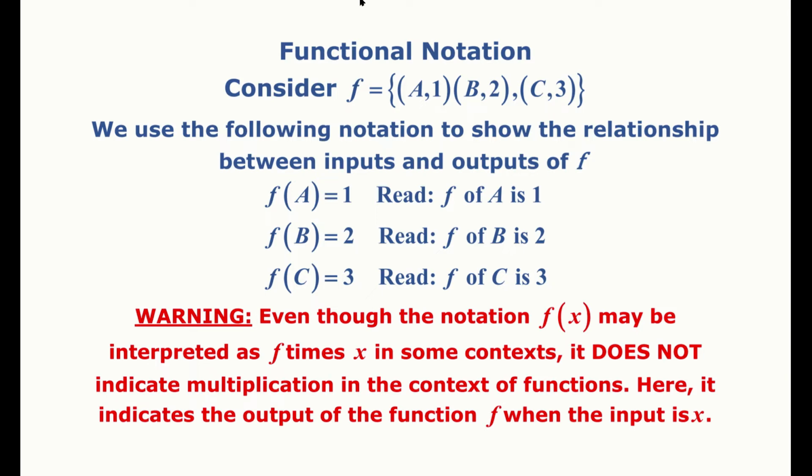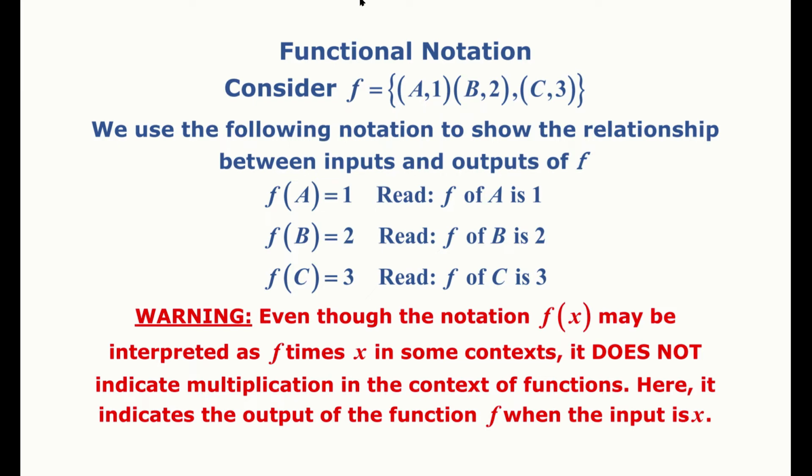We write f with parentheses A and then equals 1. Now this is not a multiplication symbol as is usually interpreted. In the context of functions and relations, this is read "f of A is 1." That's how you read that.